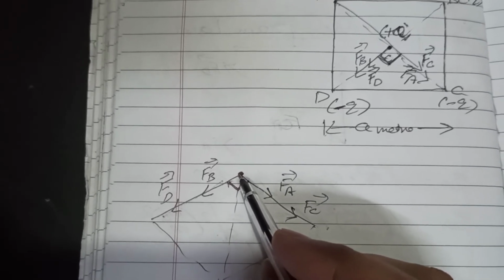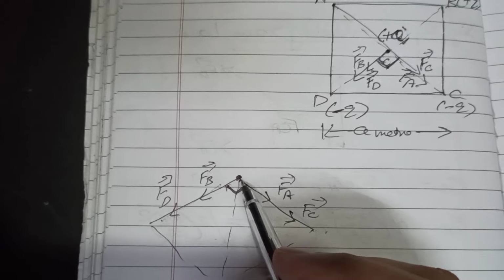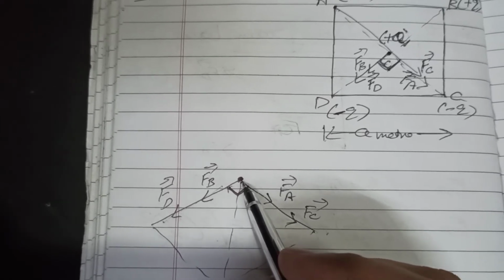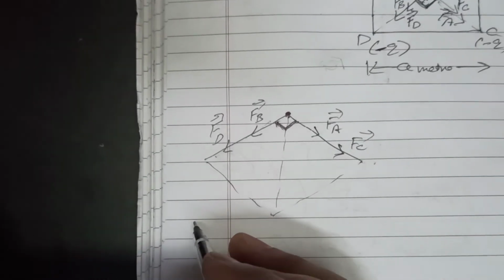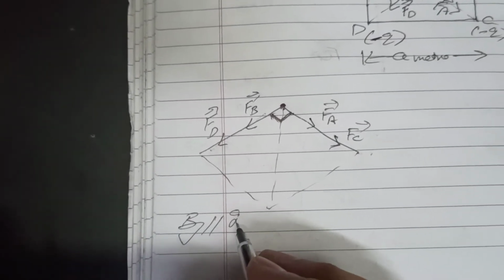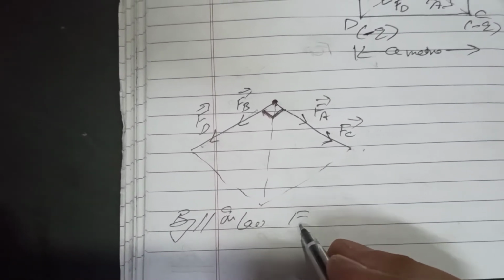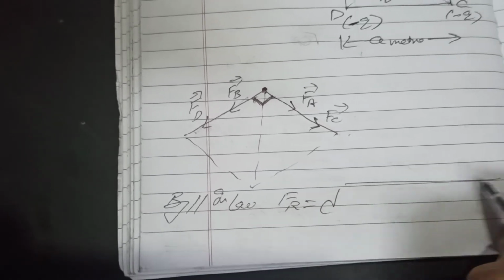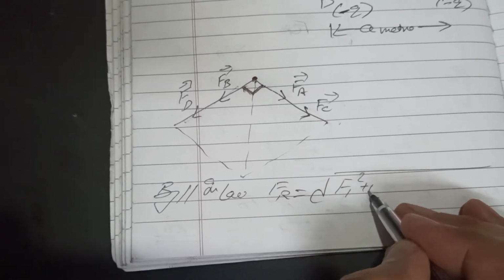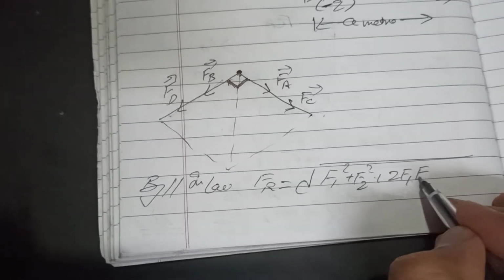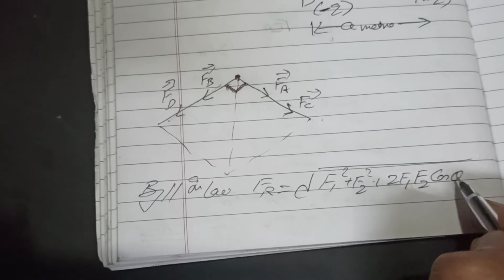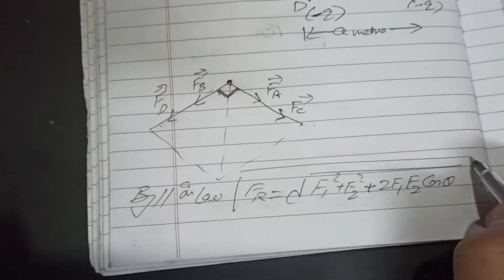The parallelogram law says that whenever 2 forces act at a point in 2 different directions with a certain angle between them, the resultant is F equal to the square root of F1 square plus F2 square plus 2 F1 F2 cos theta. This is the whole formula.